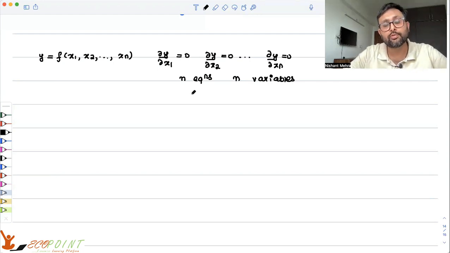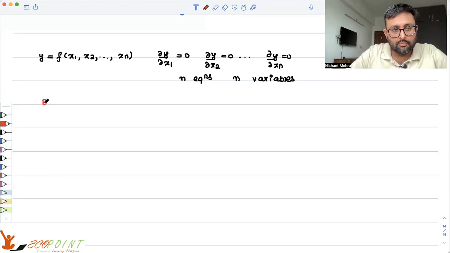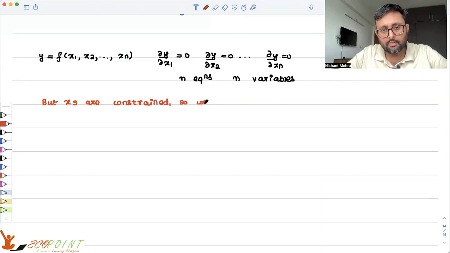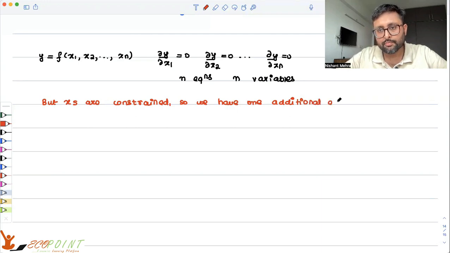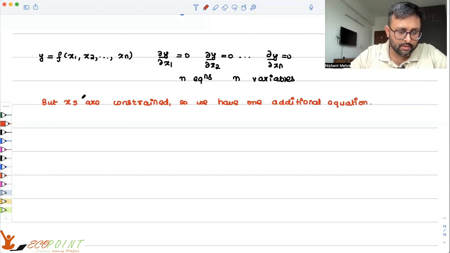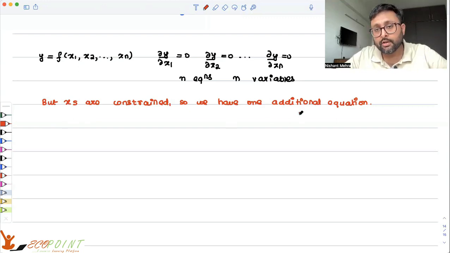What is that equation? The constraint equation.